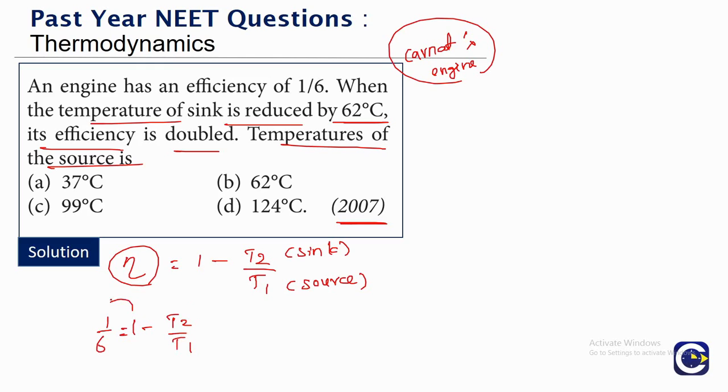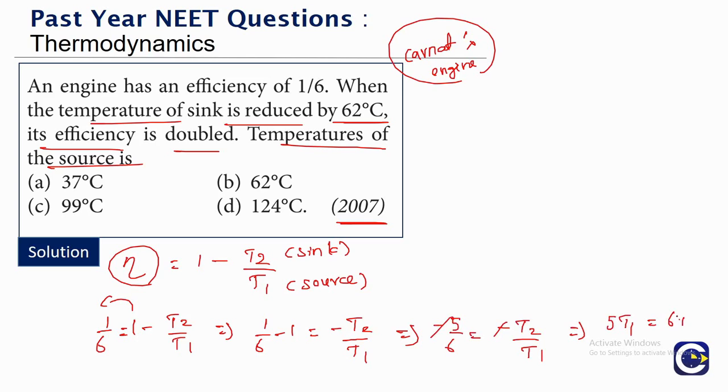Okay, so we'll just bring the 1 to the left side. It will be 1 by 6 minus 1 is equal to minus T2 by T1. What is 1 by 6 minus 1? It is minus 5 by 6 is equal to minus T2 by T1. Minus minus is cancelled. Cross multiply, we'll get 5 T1 is equal to 6 T2.